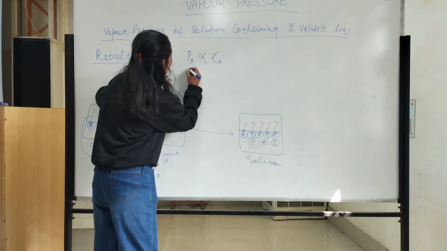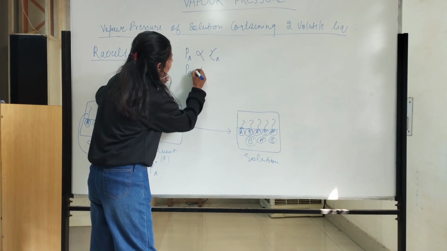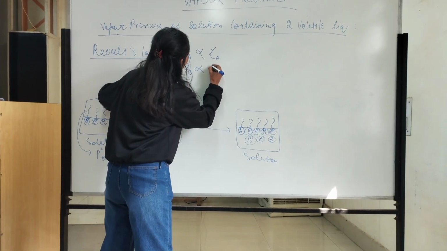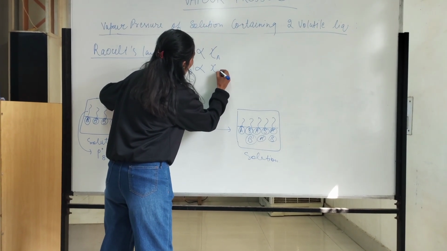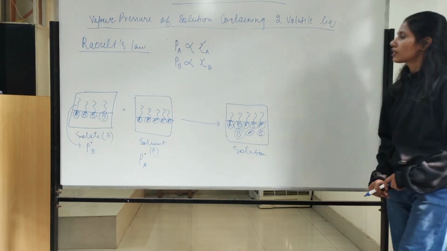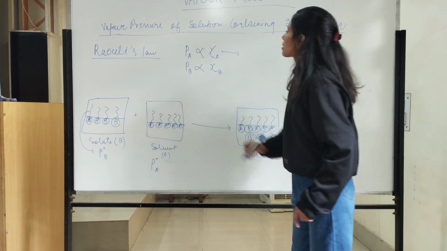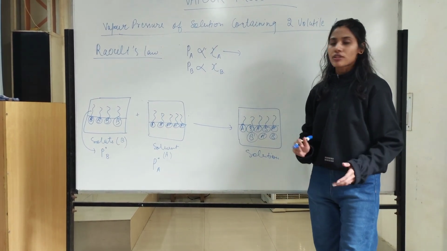Also for B, we can write the partial pressure of B is directly proportional to the mole fraction of B in solution. So in the Raoult's law, if we remove this proportionality sign, we will get a constant.